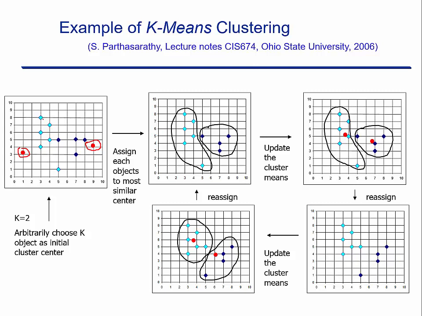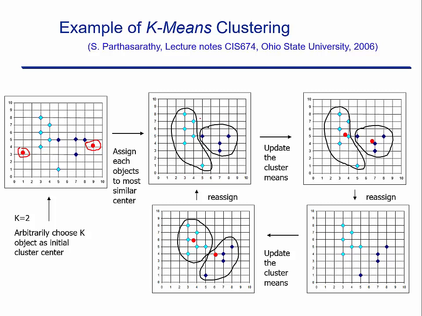For example, these light blue ones will be assigned to the left centroid, and these dark blue ones will be assigned to the right centroid. So after one step, these 6 light blue points will be assigned to one cluster, and the 4 dark blue points will be assigned to another cluster.